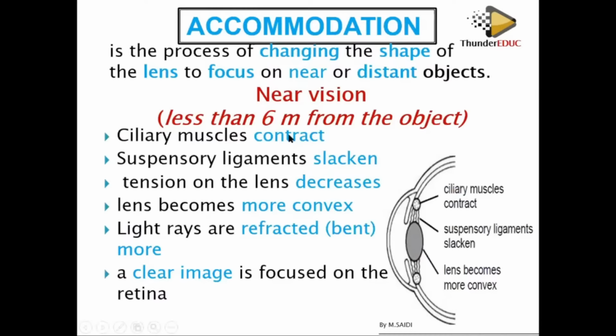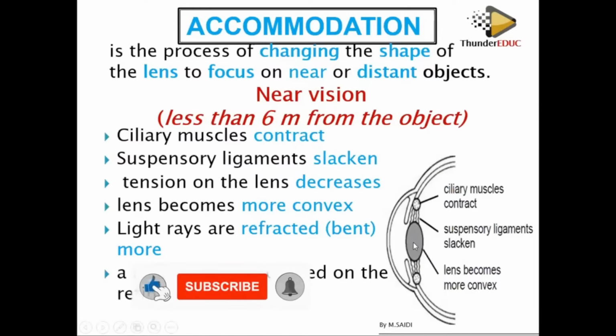So when you're explaining this, how do I know that the suspensory ligament must relax or slacken, and the ciliary muscles must contract? If you are viewing an object which is near, then the lens must become big. A near object looks big, therefore the lens must be big enough to bend the light from this object.